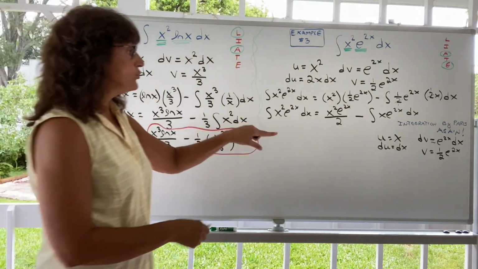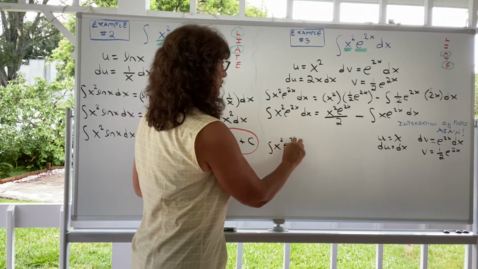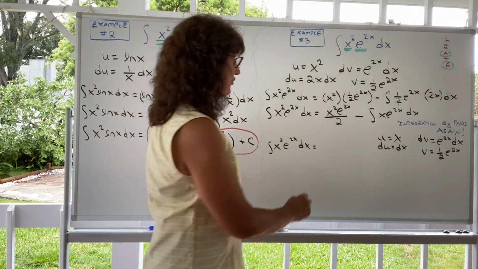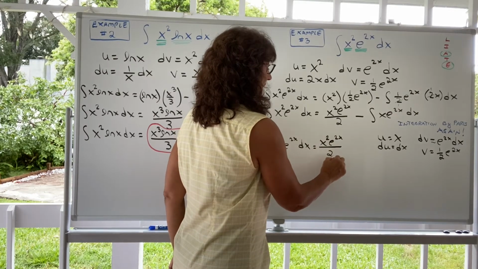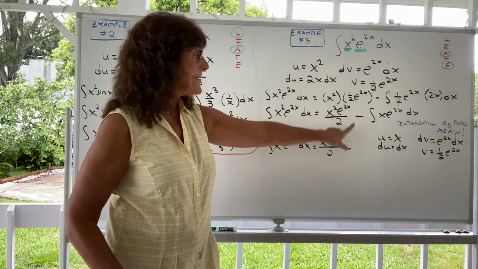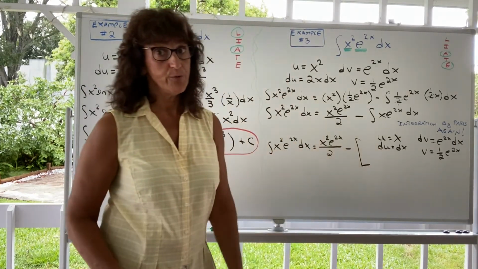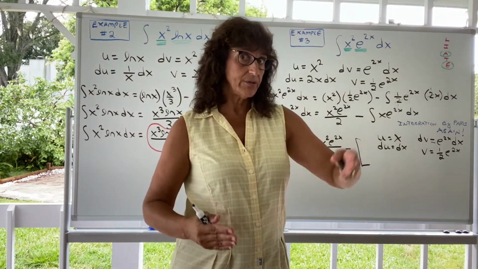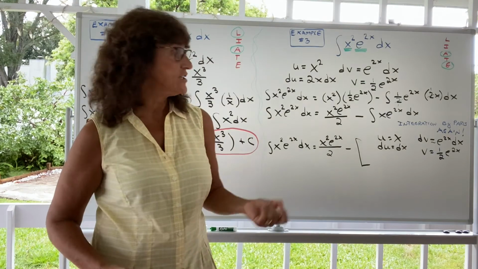So integration by parts again, we have x squared e to the 2x dx. That is going to equal our first term here, x squared e to the 2x over 2, that's not going anywhere, minus. Now be careful with grouping symbols, because integration by parts generates two terms, and this subtraction needs to be distributed to each of the two terms.